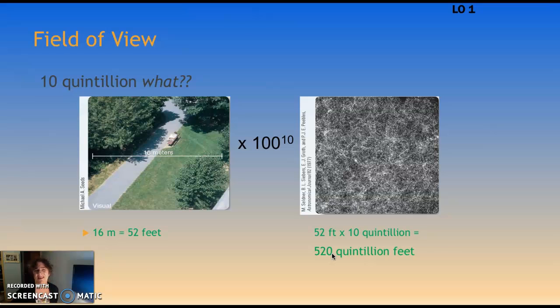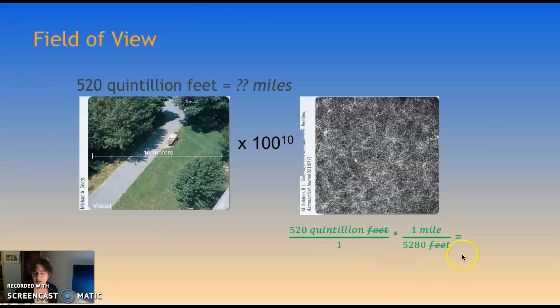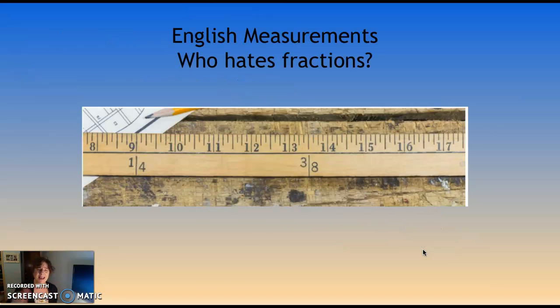And you say, well, feet aren't really good. I should really use miles. But that gets really dicey because then you start to get into fractions. Then you have to say that 1 mile is 5,280 feet, and you have to divide 520 quintillion by 5,280. It's just not going to go well. And everybody hates fractions anyway. I hate fractions.